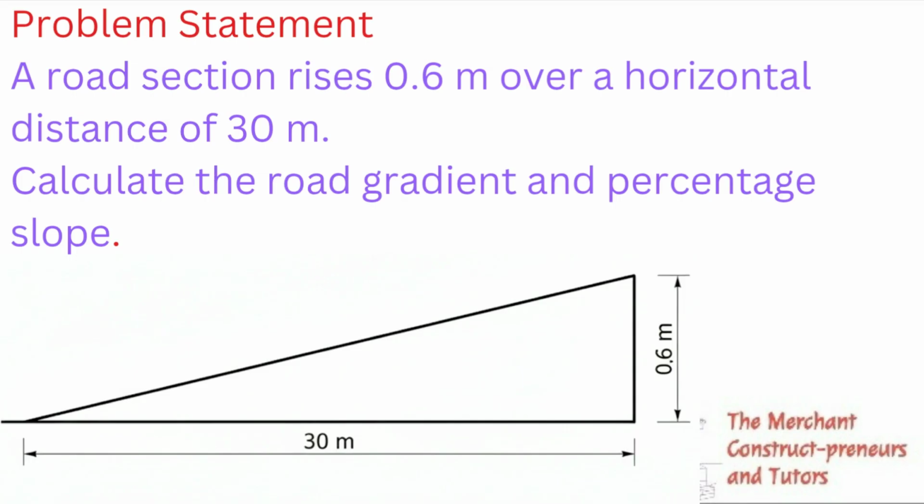Calculate the road gradient and percentage slope. So we have the rise and the run from the diagram here. As we know, a slope is vertical over horizontal, rise divided by run. So we're dividing 0.6 meters by 30 meters. That will give us the value of our slope.